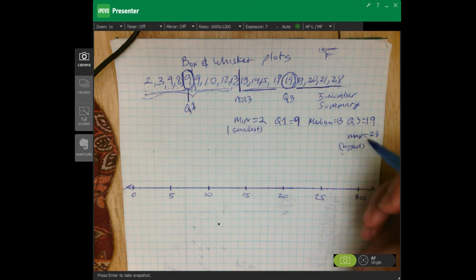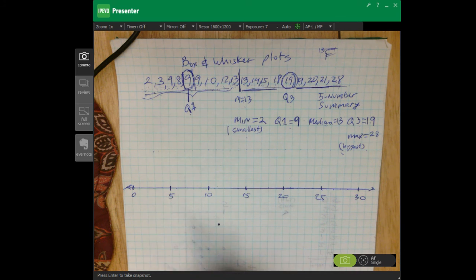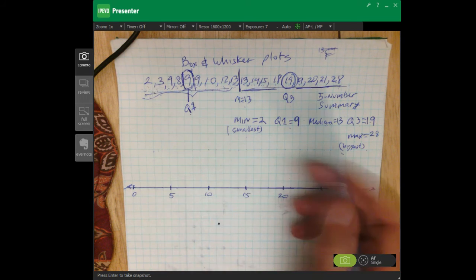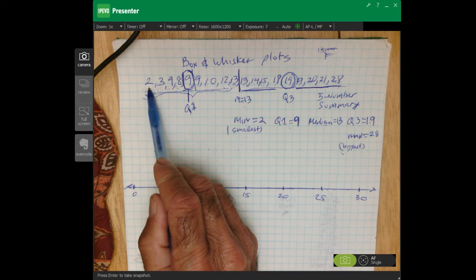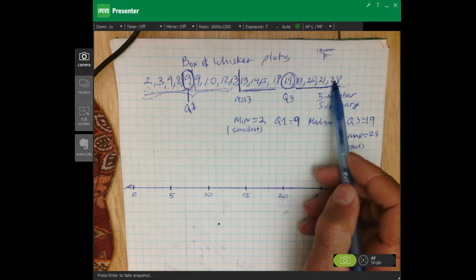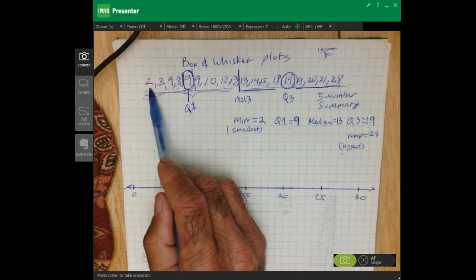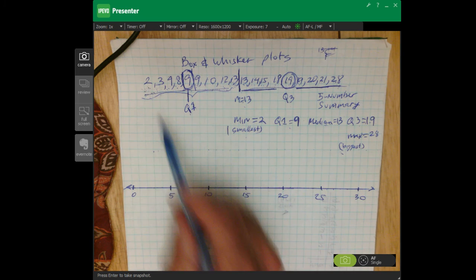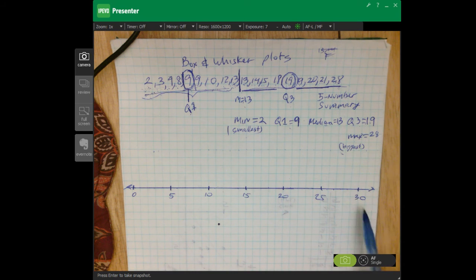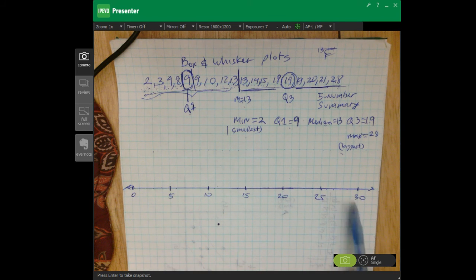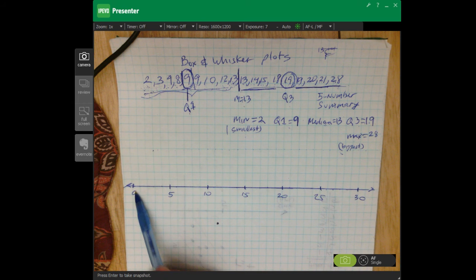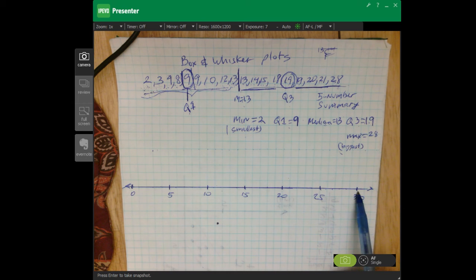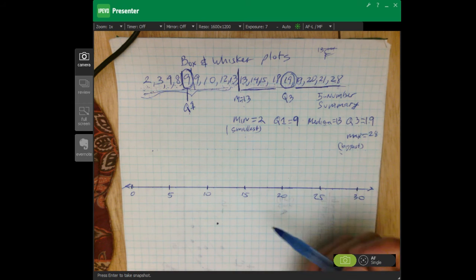Once you've found the 5-number summary, you're going to use your number line, and you need your number line to extend at least from the minimum up to the maximum. So you need to go from 2 or lower up to 28 or higher. So this number line will work. It starts at 0, which is lower than 2, and ends at 30, which is higher than 28.